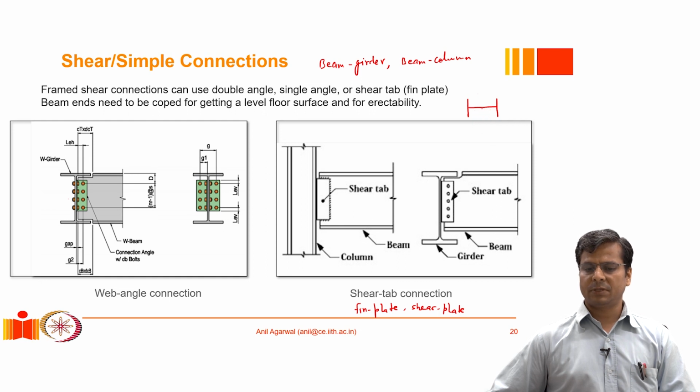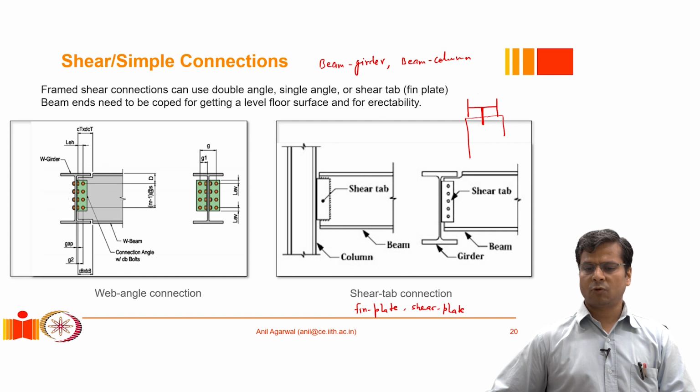But sometimes there may be a situation where I want to provide a simple connection, which could be an angle or just a thin plate connection, and I want to provide a beam which is wider than the depth of the column. If that is the situation, I cannot bring the beam all the way back.